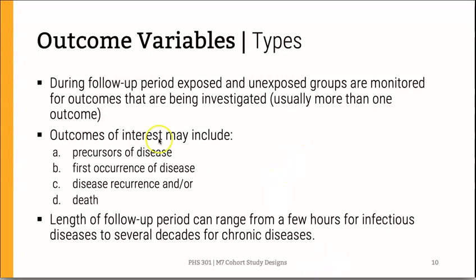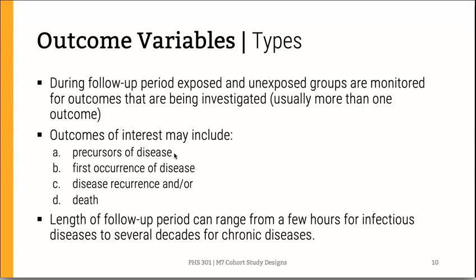There are lots of different things that can be measured. It may be a precursor of disease. Many times, researchers may want to measure the development of what we call pre-diabetes, because it takes a long time for a person to develop full-blown diabetes. Pre-diabetes is a medical condition that they may want to measure.